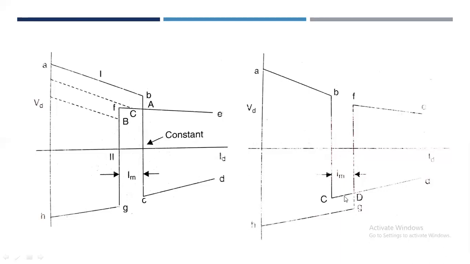It implies the power reversal with station 1 now acting as an inverter, whereas earlier it was acting as a rectifier, and the second station is operating with constant extinction angle control and acting as a rectifier.